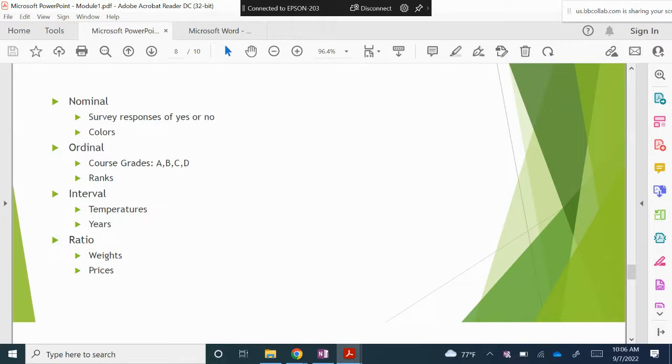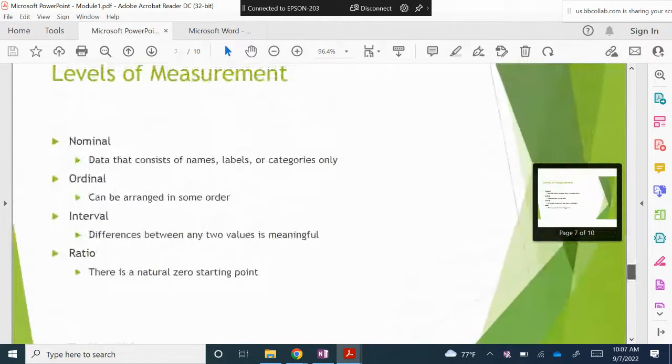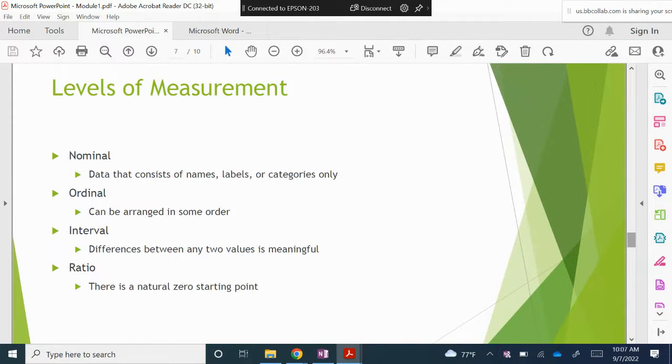So is everybody okay with the 4? So if I was actually asked to label temperature, I would go back, and I wish I could have both of these up at the same time. I would ask myself these 4 questions. Does it contain a name or a label? Yes or no? If it does, then that's what I have. If it doesn't contain a name or label, then I would ask myself the second question.